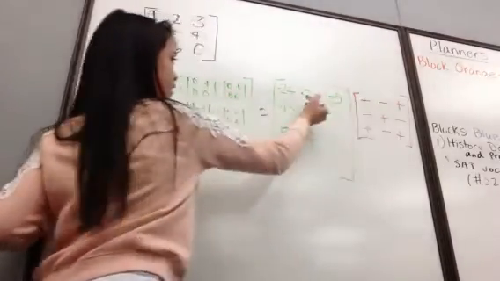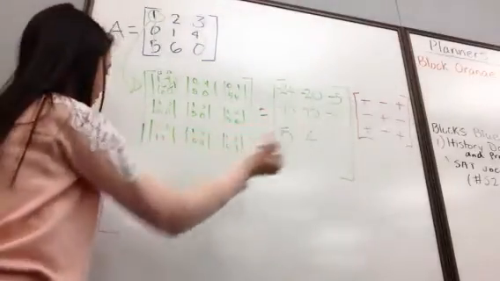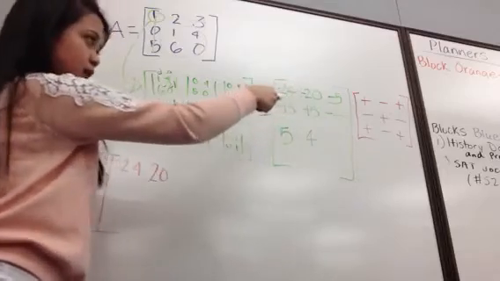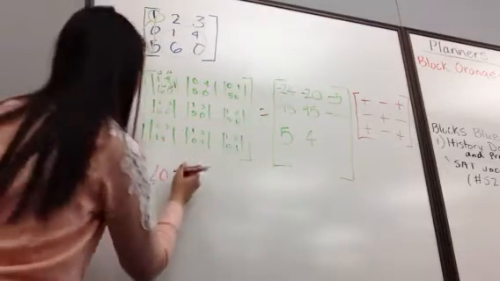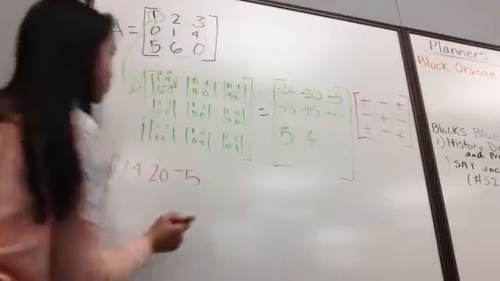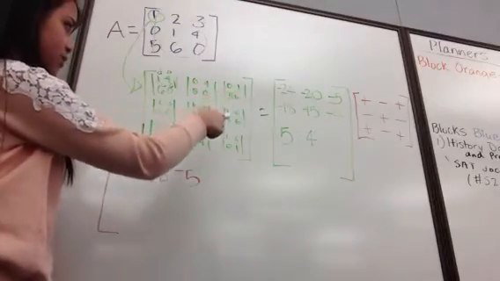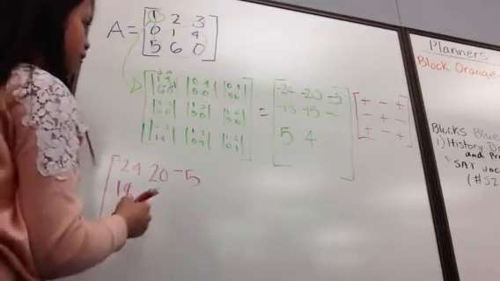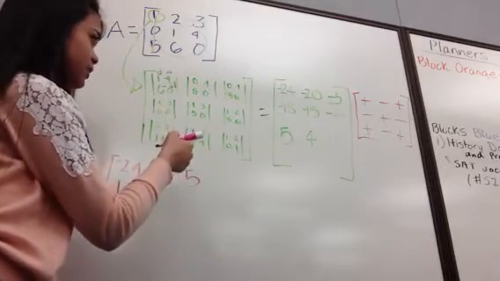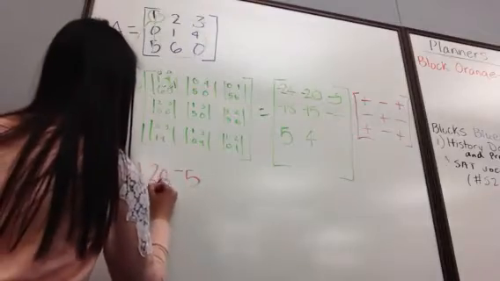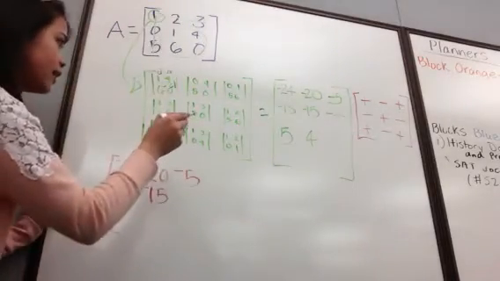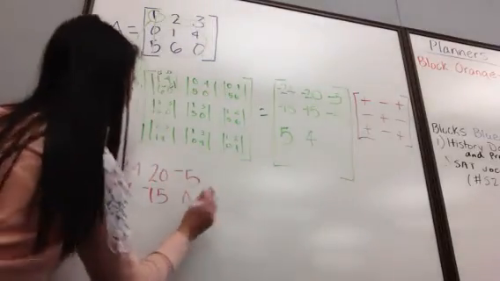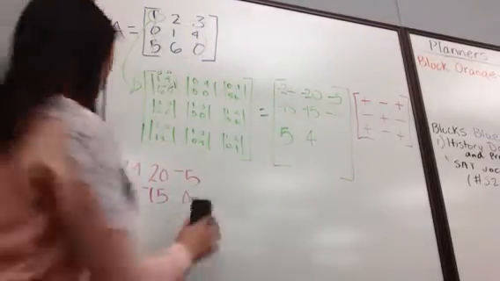Then we do a negative times a negative, which means that negative 20 will become 20. Then positive times negative is still negative, so it'll still be negative 5. Then negative times negative becomes a positive, so it's positive 18. Then positive times negative is going to become negative 15 still. And negative times the negative 4 will become positive 4.